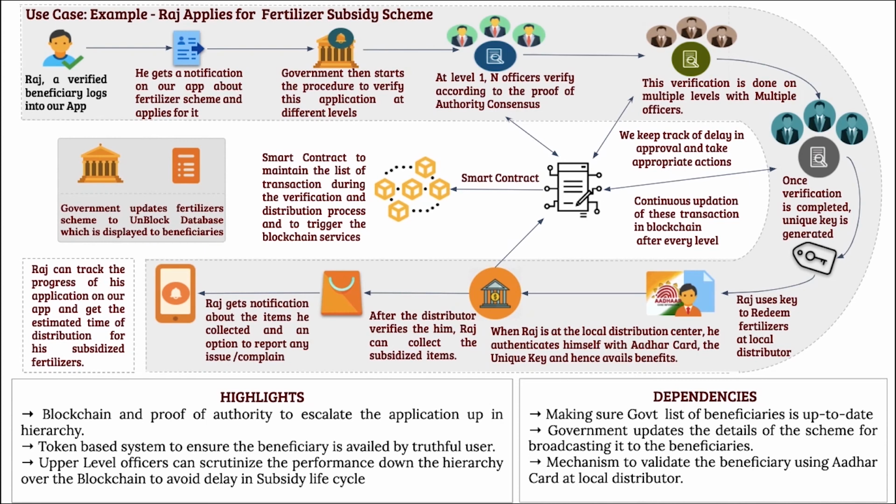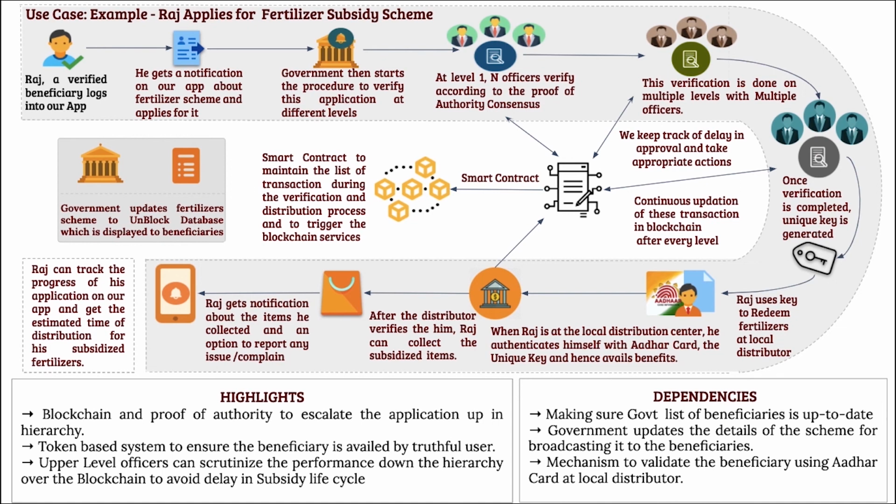A few highlights of our project are that blockchain and proof of authority are used to escalate the application up in the hierarchy. We've used a token-based system to ensure that the benefits are availed by a truthful user only. And there are officers at different levels for approval. The upper level officers can scrutinize the performance down in the hierarchy to avoid delay in the subsidy life cycle.